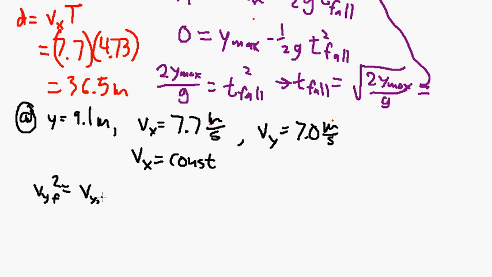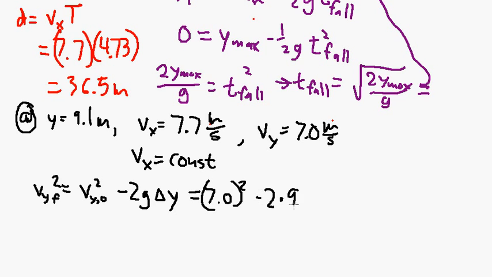So it's Vy naught squared minus 2g times delta y. So what then is Vy final squared? Vy initial squared is 7.0 squared, minus 2 times 9.8 times, and then it's going to go down 9.1 meters, so 9.1, and then we just take the square root of that to find Vyf.